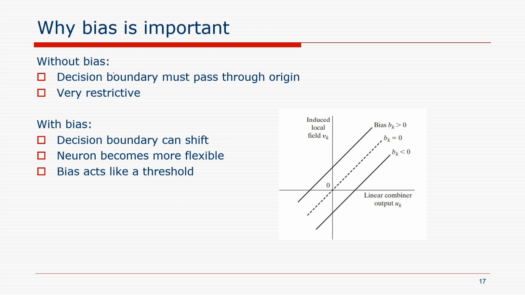Without bias, the decision boundary must pass through the origin, which is very restrictive. With bias, the decision boundary can shift depending on whether it is less than 0 or greater than 0. When we have a bias value less than 0 or greater than 0, neurons become more flexible.